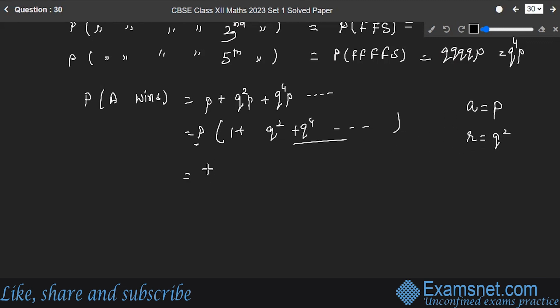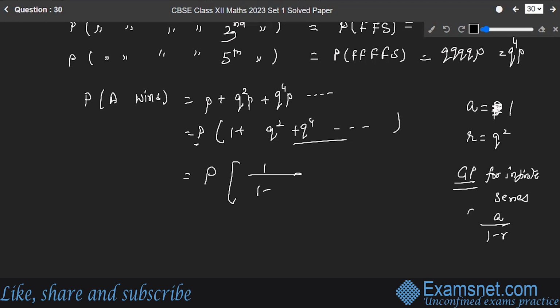Right? So this is equal to, I've taken P outside, so I'll take it as 1. So P into 1 upon, this is an infinite series. So 1 minus, see the formula for the GP for infinite series is A upon 1 minus R. A in this case is 1 and R is Q squared. So this is equal to P upon 1 minus Q squared.